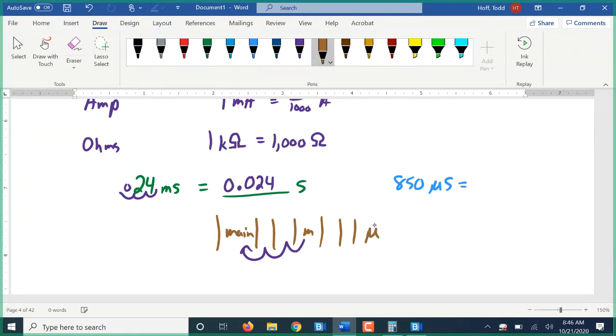Micro would be down here. To get from microseconds, or micro anything, back to the main unit is 6 spots to the left. If I wanted to convert this to just regular seconds, I move that decimal point 6 spots to the left. That is 0.00085 seconds.